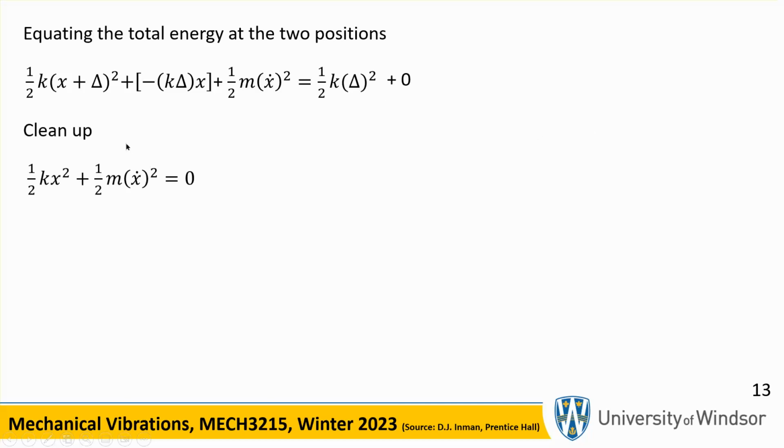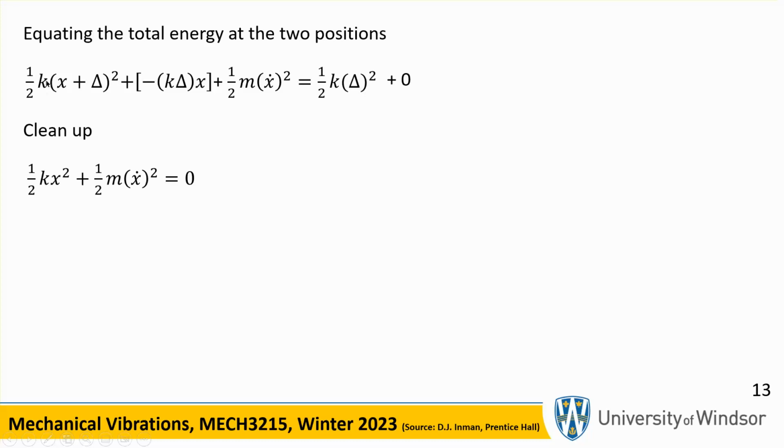But anyway, we're going to clean this up. And what do I mean by clean it up? Notice that you can take this (x plus delta) squared and expand it, using the stuff that you learned in algebra. You're going to get 1/2 k x squared, but you also have 1/2 k delta squared, which cancels the term from the right hand side.